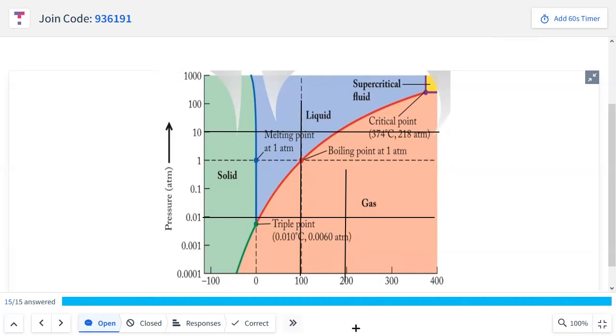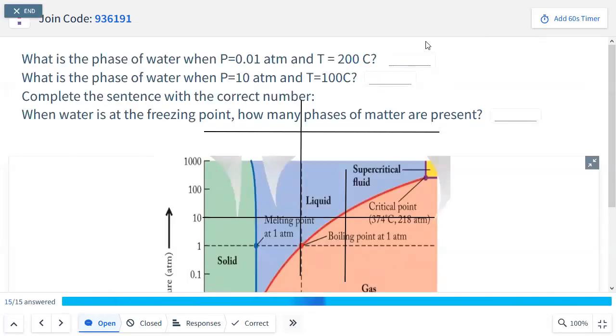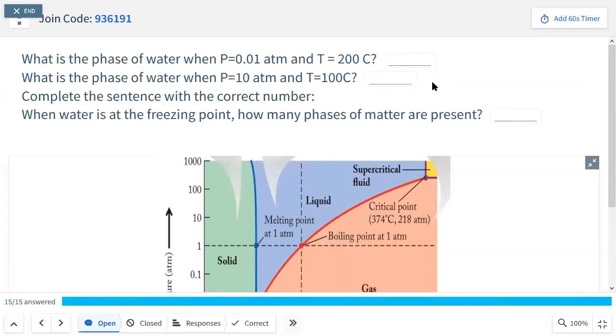And then the question at the end, how many phases of matter are there at the freezing point? Well, that would be 2. Because at the freezing point, at any phase change, there would be two phases of matter present. There would be the phase that you are transitioning from and the phase that you're transitioning to.